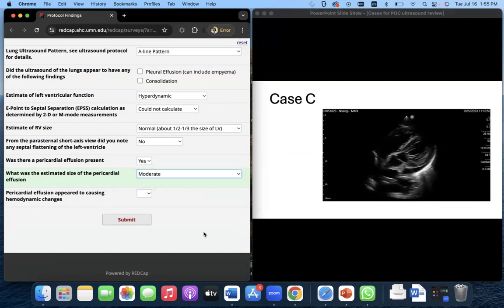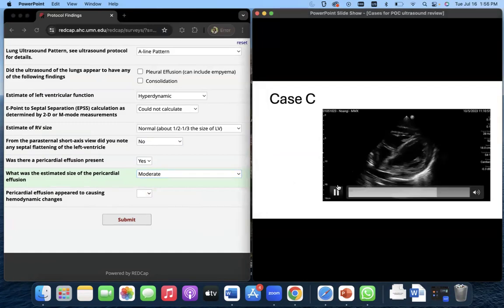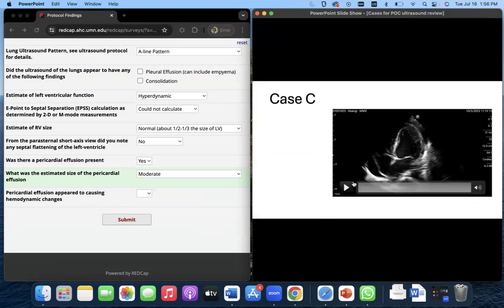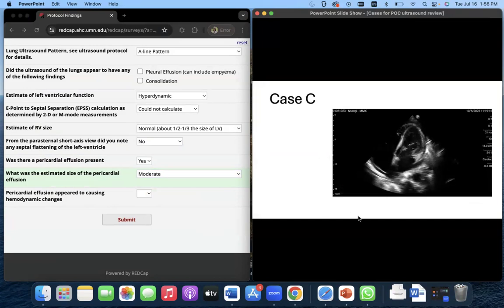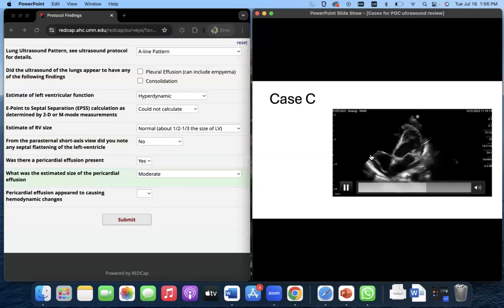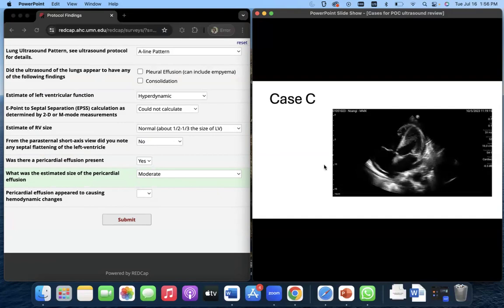Then the next question is, are there any hemodynamic changes? I know we talked a little bit about this in the course, and this particular patient is a good example of the early changes of hemodynamic compromise. You can see here during diastole, the right atrium appears to be moving inward, indicating that the pressure of that pericardial effusion is starting to cause some degree of hemodynamic compromise.